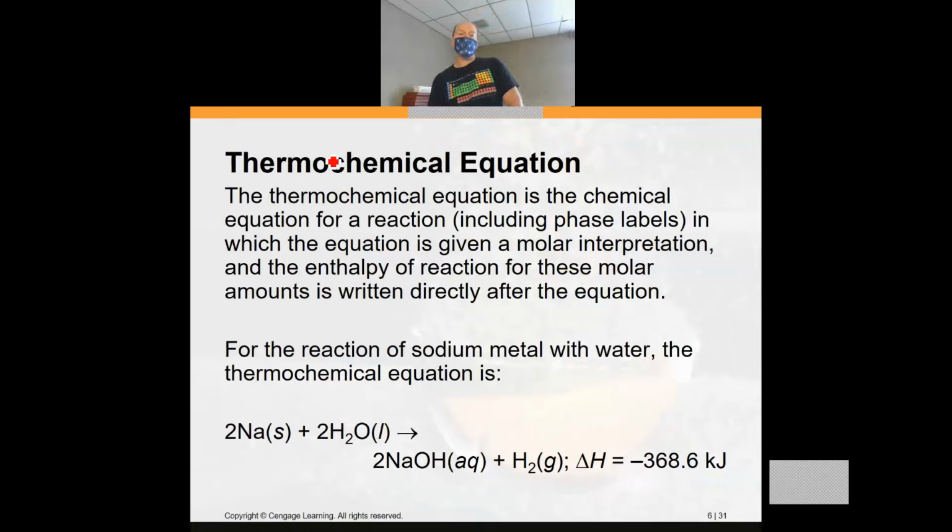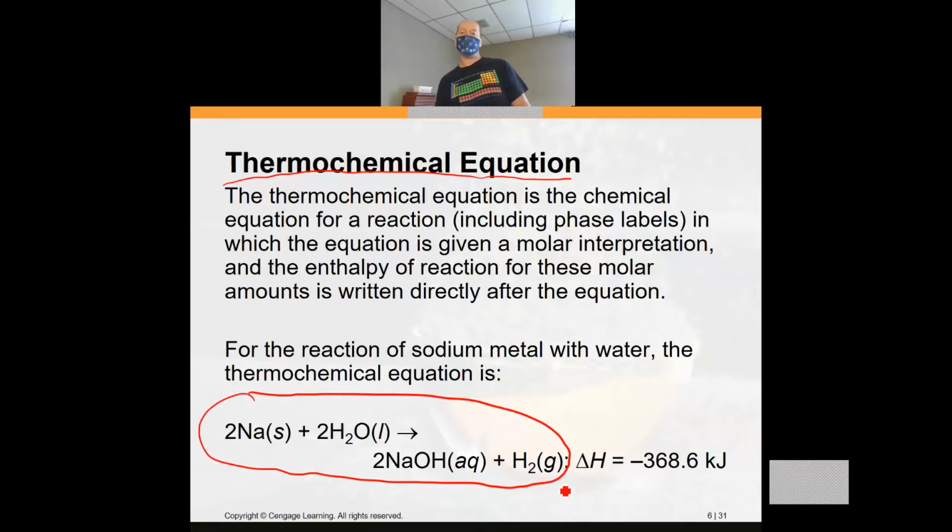This is what we're going to do mostly on the test, and that is a thermochemical equation. There will be a number of these on the test. You're going to be given a reaction, and then give the thermochemical equation. So what you have to do is take your NaOH number and find your delta H for this reaction, and that is the delta H of your products minus delta H of your reactants.